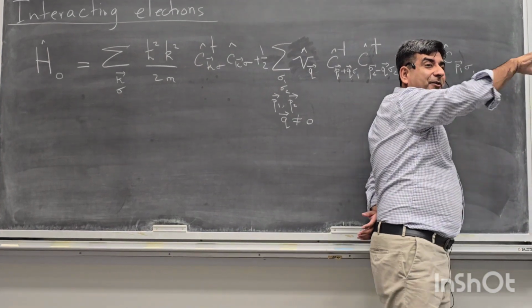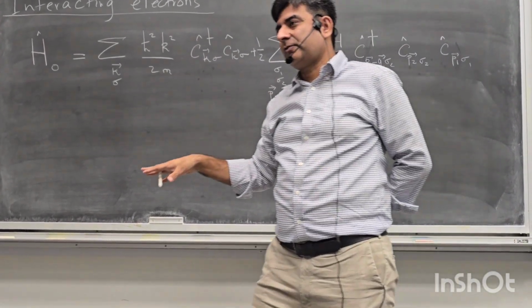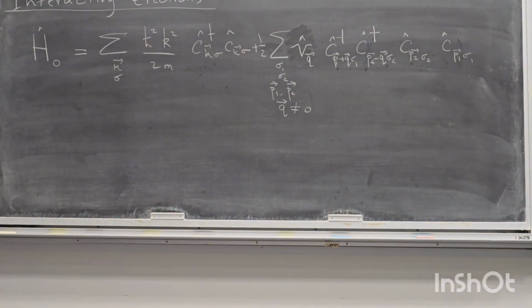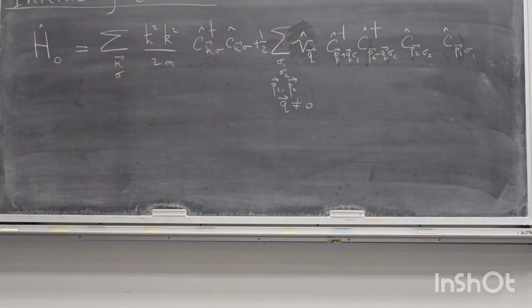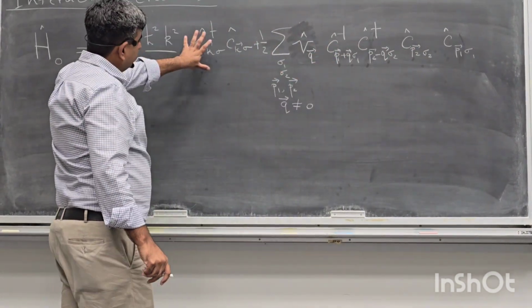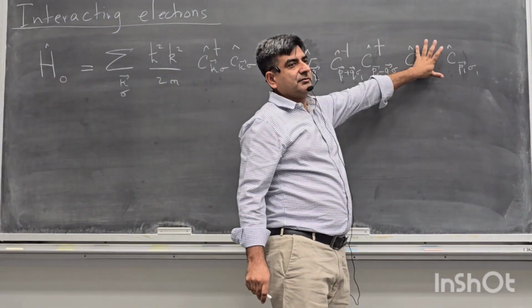That other term was coming out from the interaction between the electrons and the ions in the system. So this is our overall Hamiltonian. This is the Coulombic interaction part, and this is the kinetic energy part. This is kinetic energy, this is potential energy.